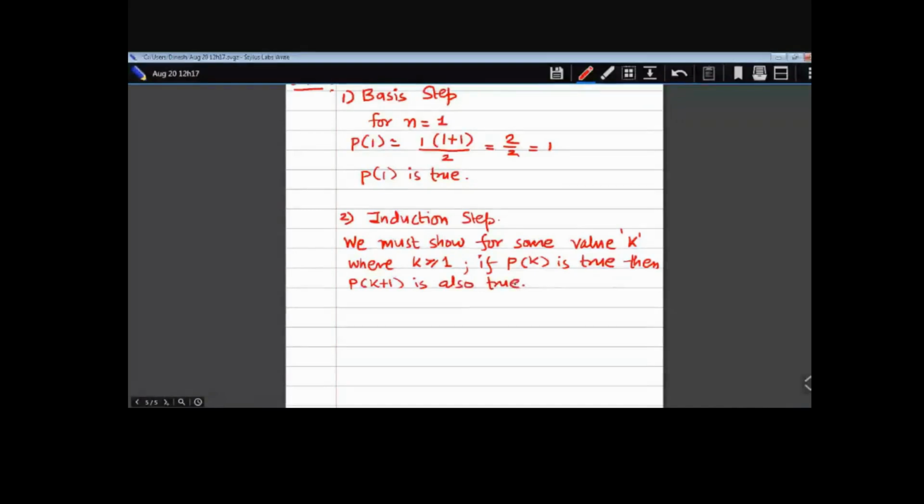Now, what is P of k? P of k is 1 plus 2 plus 3 plus up to k is equal to, what will be the equation on the right hand side? k into k plus 1 divided by 2, right? Yes or no?